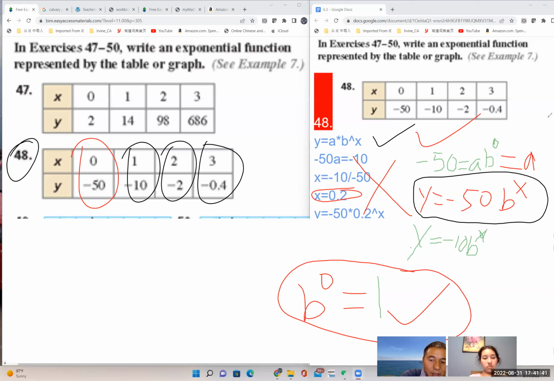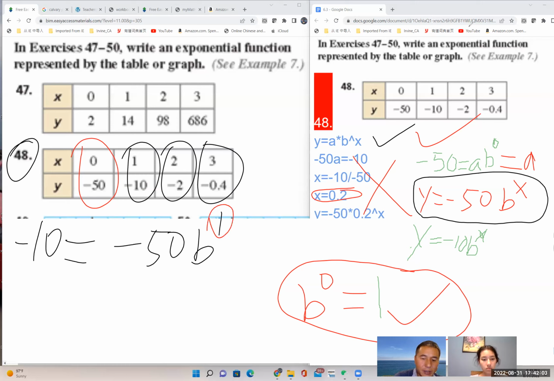It means when x is 1, y equal to -10, correct? Okay, please solve this to find b. You see, here is a place for x, here is a place for y.